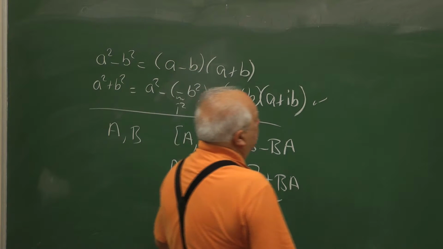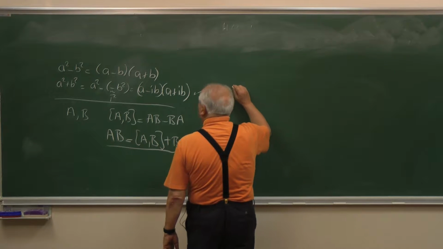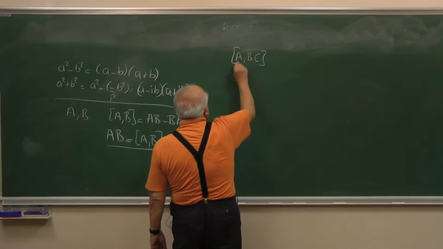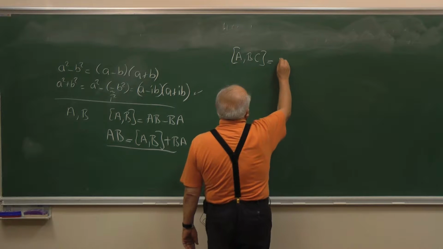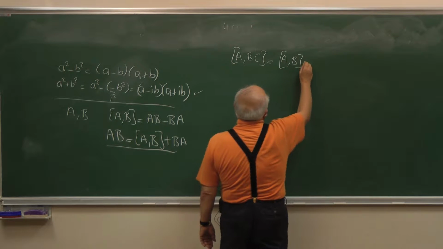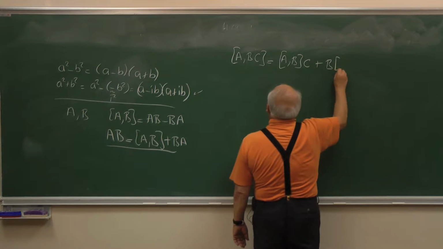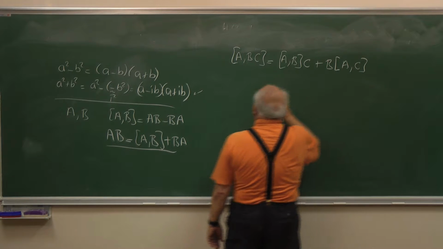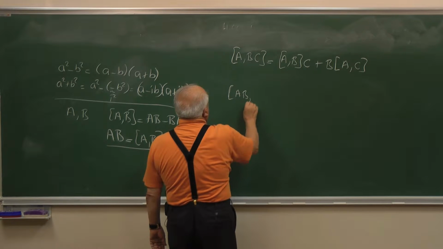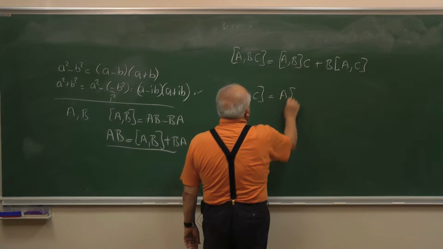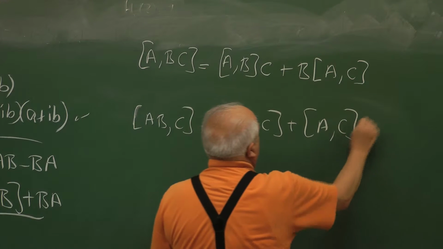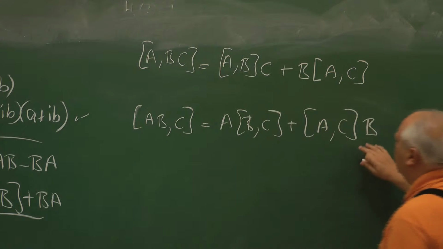And we will have more complicated commutators, and let me just write the main thing that we shall use. The order is important, so we open it up like this: the commutator of AB with C is A[B,C] plus [A,C]B, or if it is A with BC, this is [A,B]C plus B[A,C]. Let me show this.